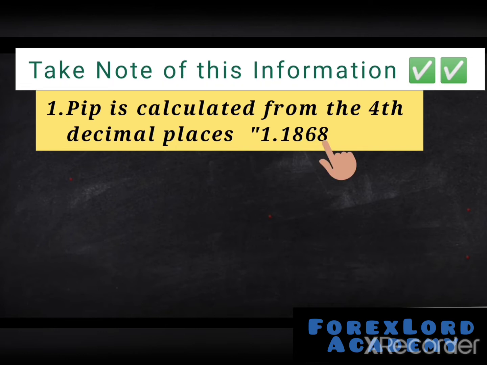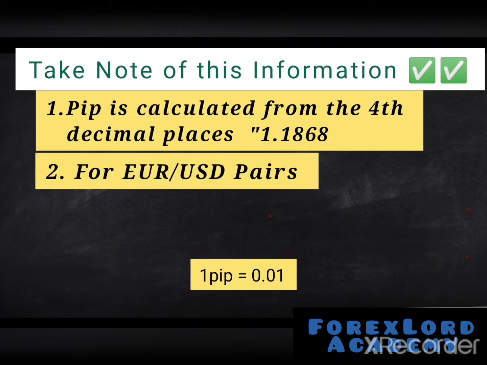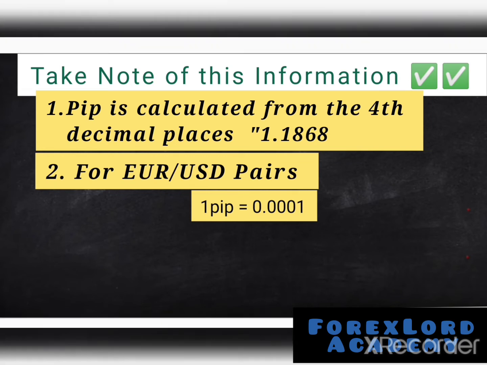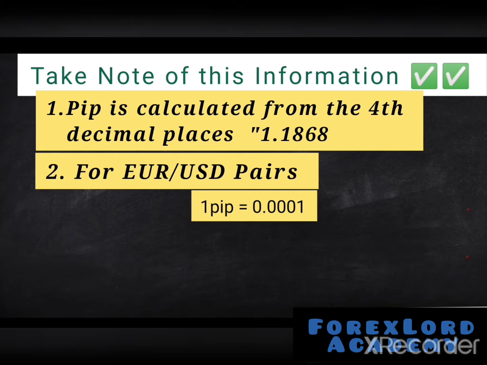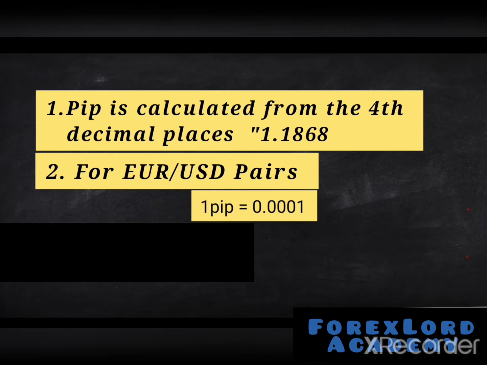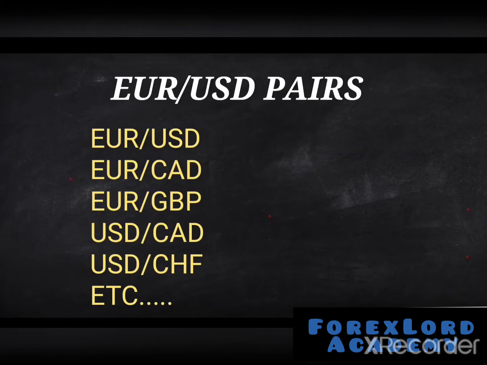Secondly, I want you all to note these formulas down in your book for PIP calculation. For EUR/USD pairs, 1 pip equals 0.0001. Any pair that has to do with euro, or USD with other pairs, that does not involve JPY or gold, such as the examples on your screen.